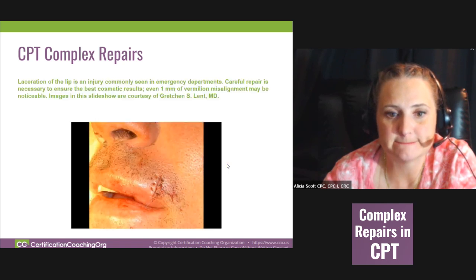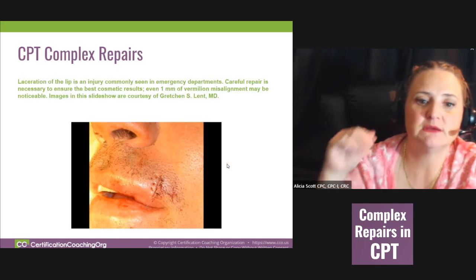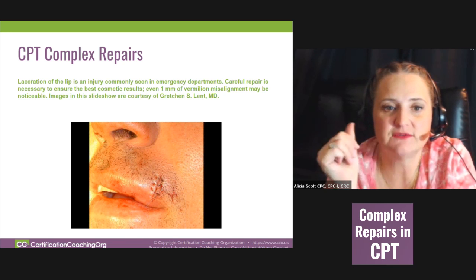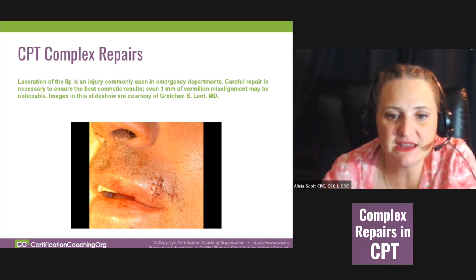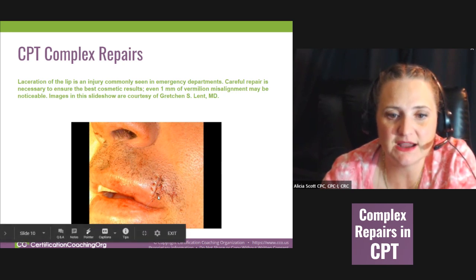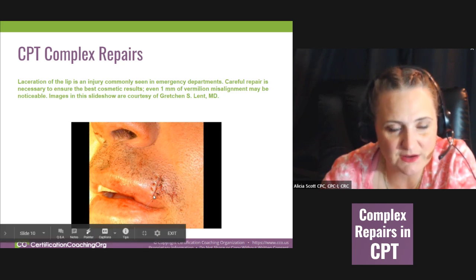Okay, now that vermilion border, we got into the vermilion border here, because even though it's only slightly in the vermilion border, it got it. So what does that tell us? That definitely can end up being a complex repair because it got the vermilion border.